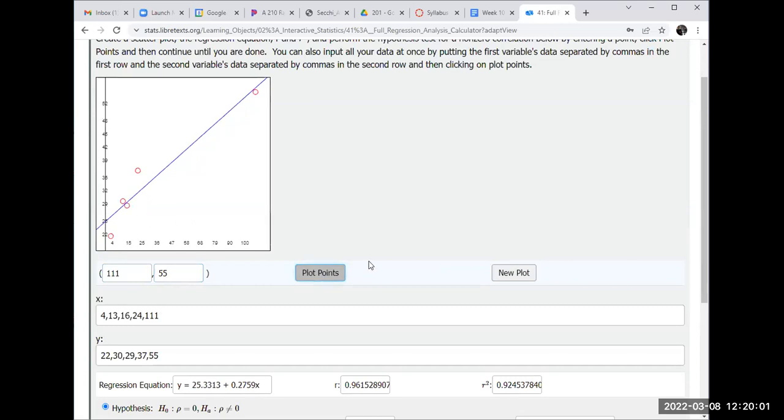Okay, so what we can do is first take a look at this plot. This is called a scatter plot. What that is: you draw your axes for the 2 variables, and you plot the points. So you'll notice here's the point 111, 55, et cetera.